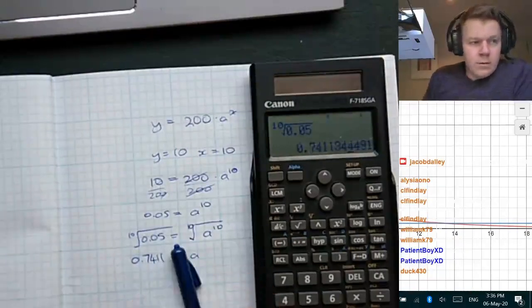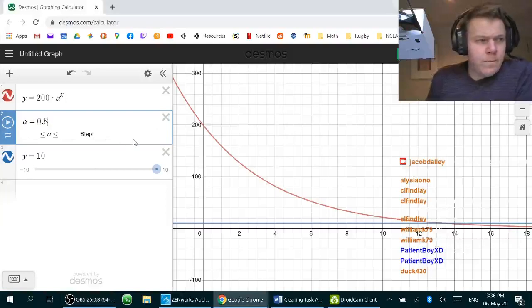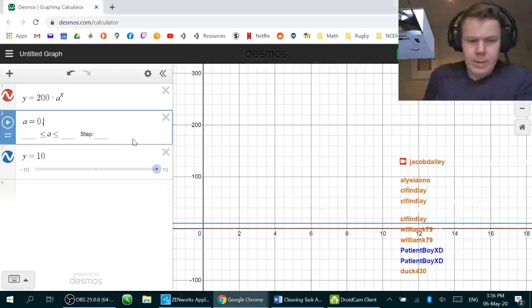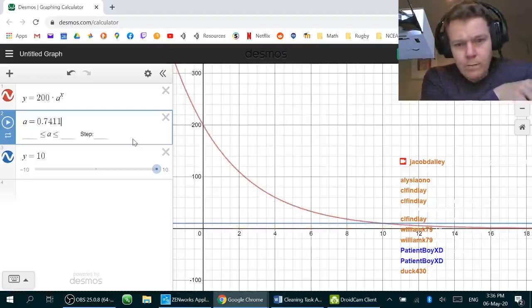So let's go back to Desmos and put that in and see how it turns out. Going to just change A to be 0.7411.